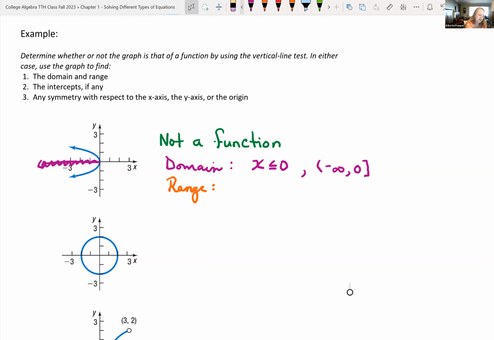This function right in here continues, because those arrows are going to continue to go down as we go off to negative infinity. And they're also going to continue to go up. So we're going to hit all of our y values. So the range is all the y values from negative infinity all the way up to positive infinity.